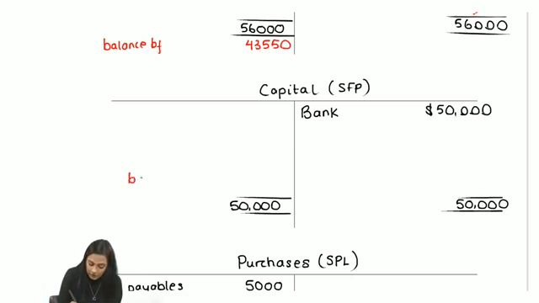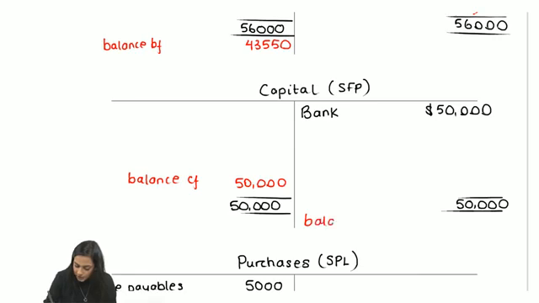So we have balance carried forward, 50,000, and a balance brought forward on the opposite side, 50,000. Do you see that capital is a credit account, and you see the balance brought forward appears on the credit side.